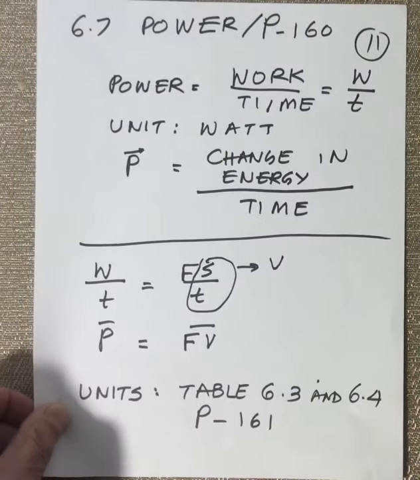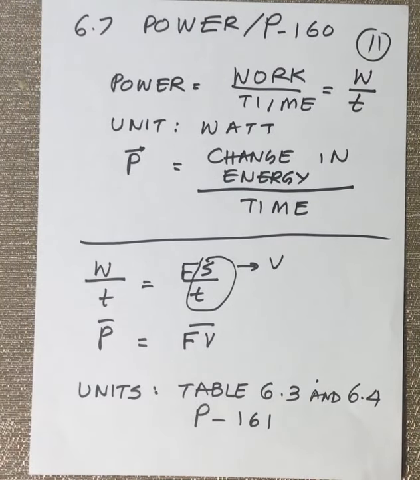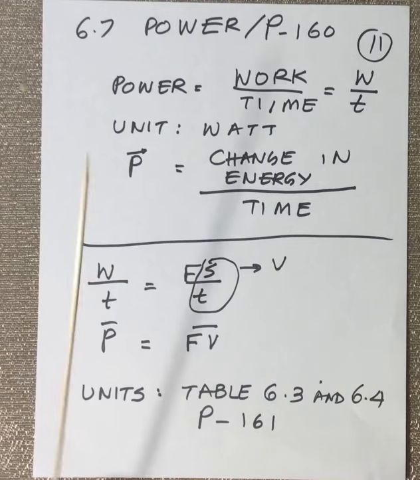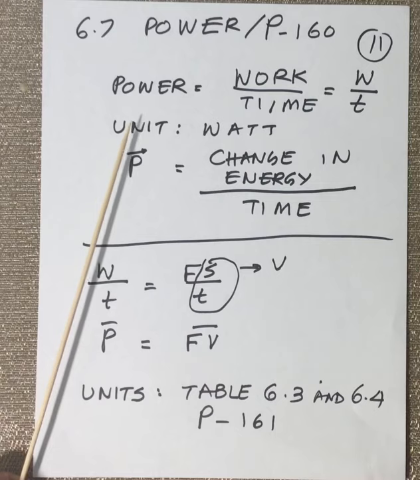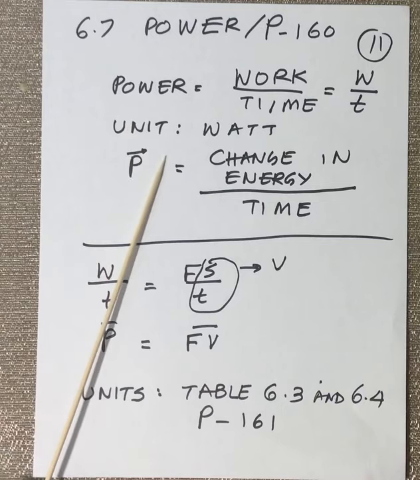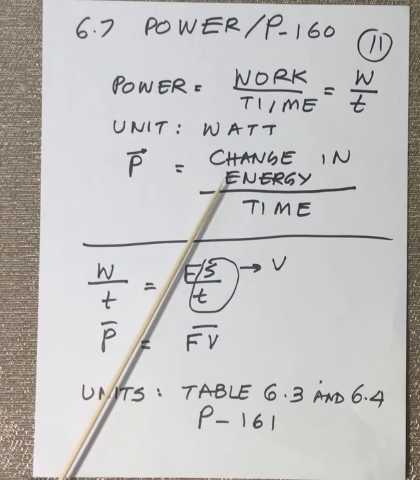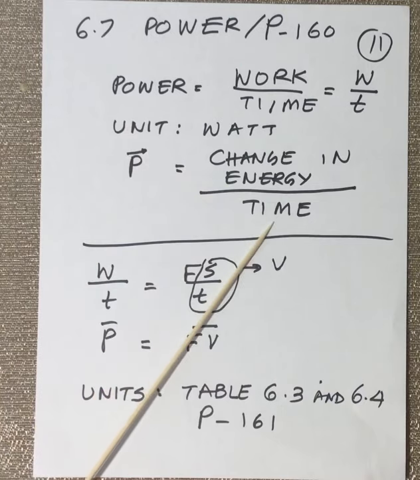Now we are on the last section, which is 6.7. We define the power. Power is work over time. Unit is watt. So P again, change in energy over time.